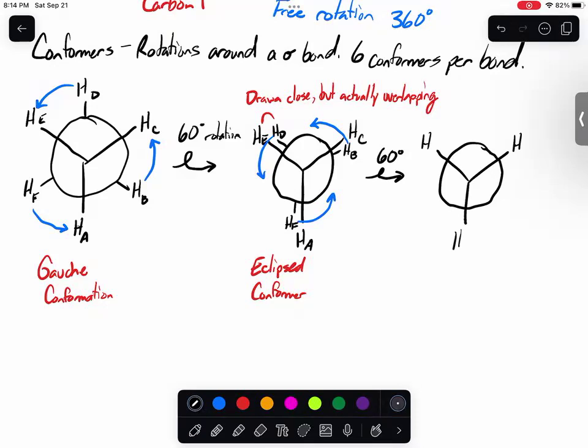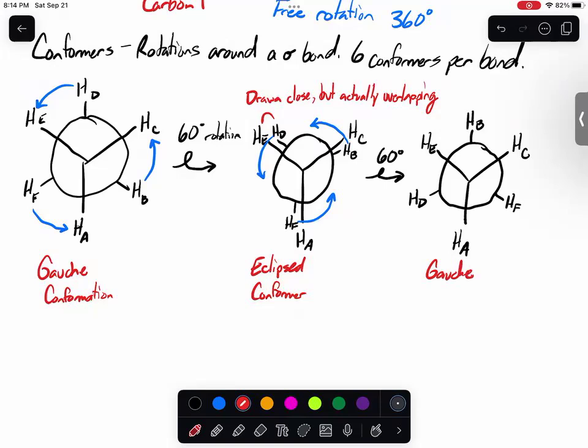They stay exactly where they were, HA, HC, and HE. But the back carbon moves to where now HB is right there, HD is right there, and HF is right there. So we went from a gauche to an eclipsed, and now we're back to a gauche conformer.